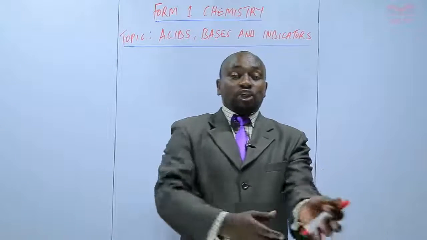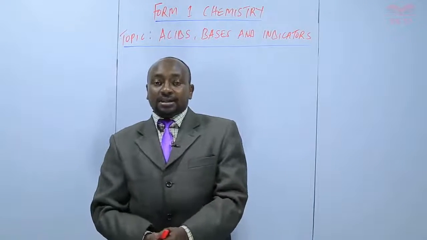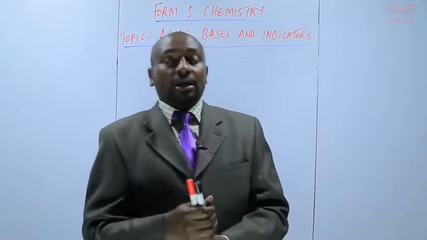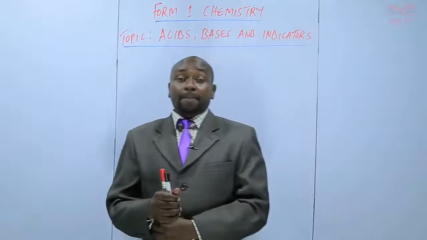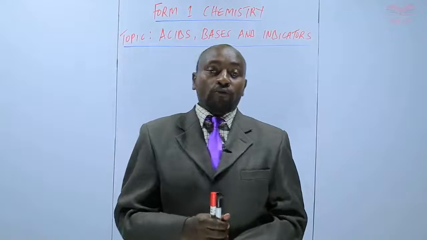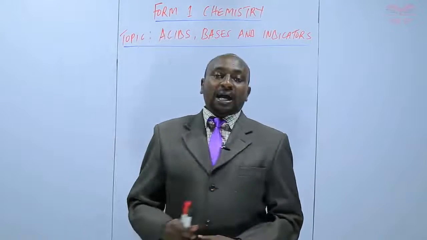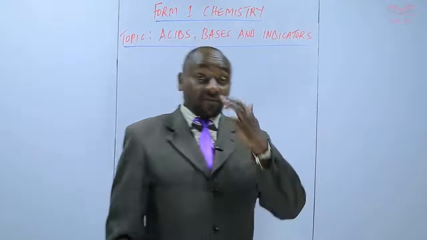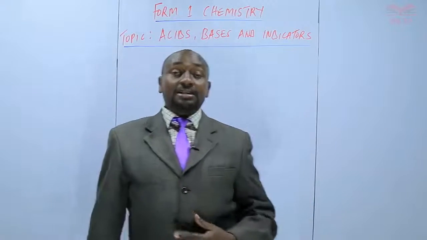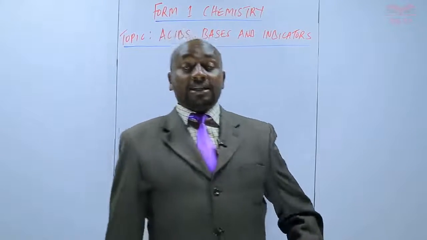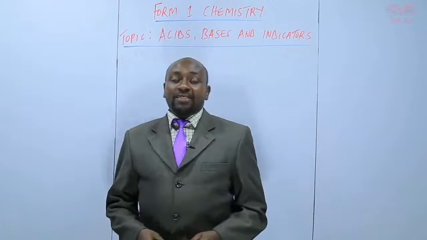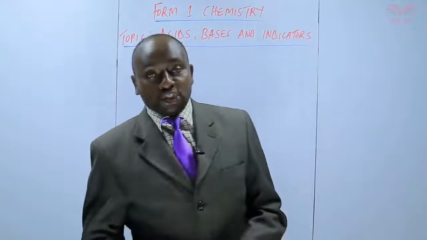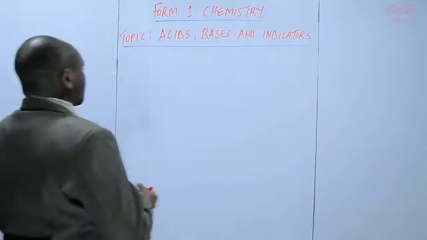This is in addition to what we discussed last time, whereby we discussed the extraction of indicators from plant extracts. And we saw the disadvantages of those indicators obtained from plant extracts, and that is now why there is need for commercial indicators.